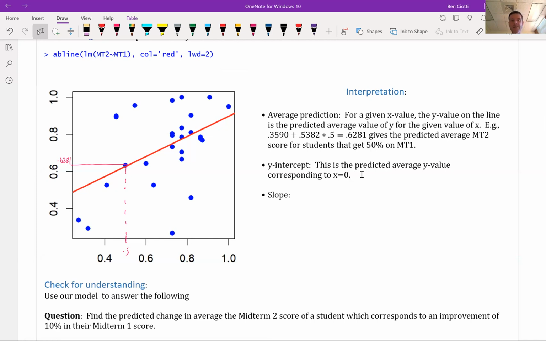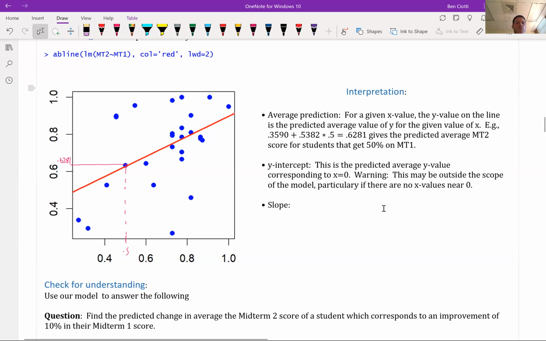However, this may not be relevant. It may be that this is outside the scope of the model. So warning, this may be outside the scope of the model, particularly if there are no x values near 0.